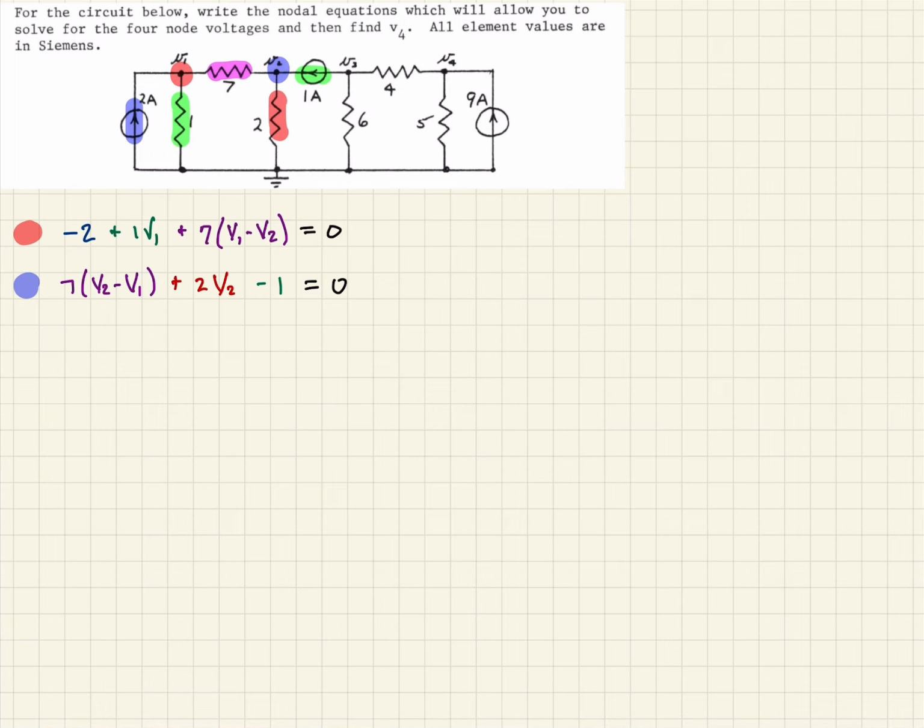So now coming around our color chart here, let's do V3. That'd be the purple. We can see we already have that green current source. It's leaving our node in this case, so that means it'll be a +1. All right, and then we can look at this device here, 6, so that's going to be plus 6 times V3.